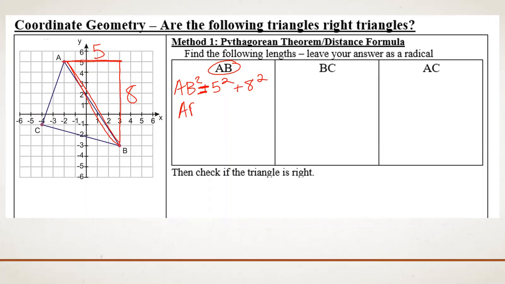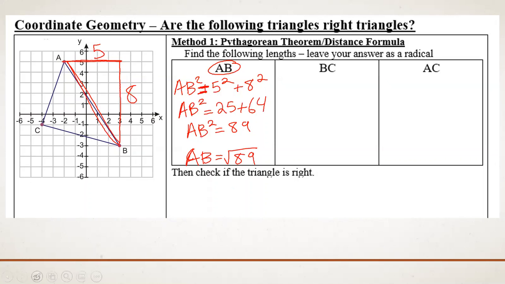So AB squared equals 25 plus 64. AB squared equals 89. So AB equals the square root of 89. And I'm going to leave it just like that.